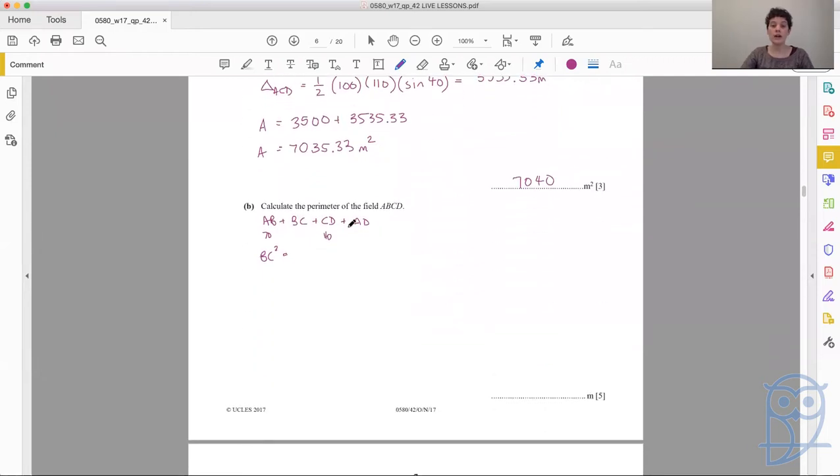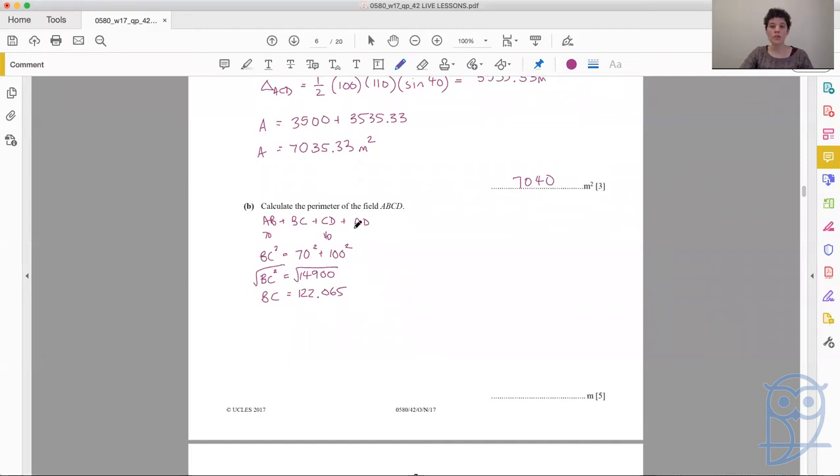So BC squared equals 70 squared plus 100 squared, which equals 14900. Then we can square root both sides to get that BC equals 122.065.